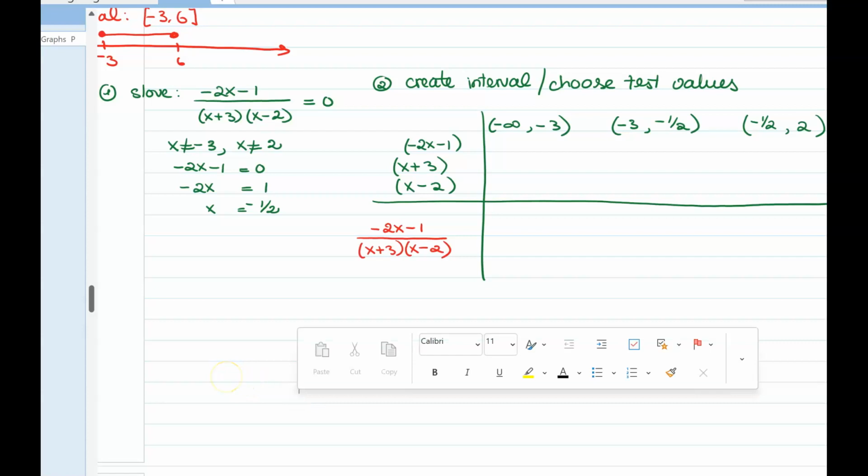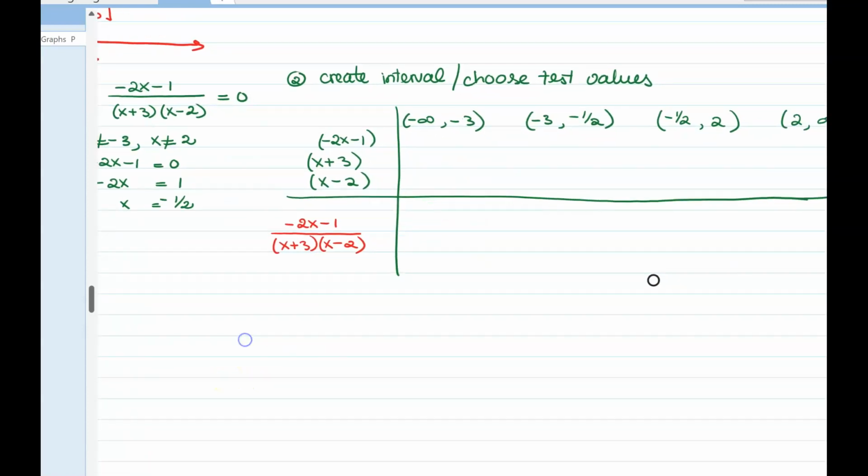In the first interval, let's choose x equals negative 4. When x equals negative 4, negative 2 times negative 4 is positive 8 minus 1. That makes this factor positive. This factor being negative is negative.